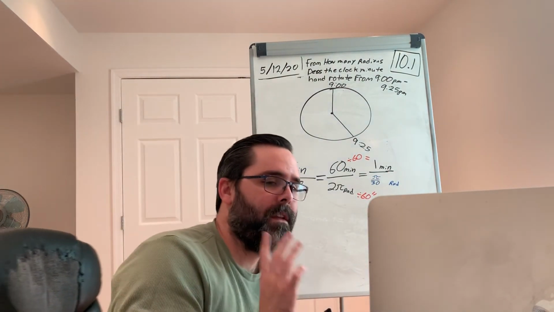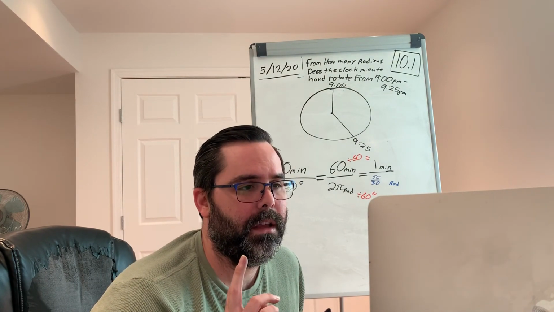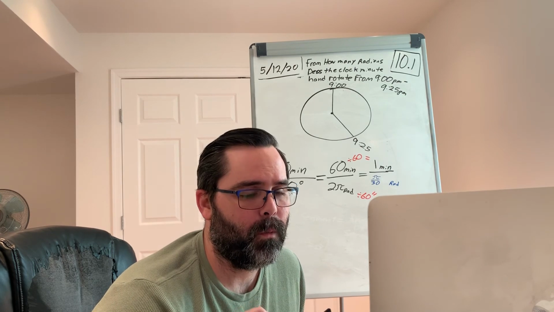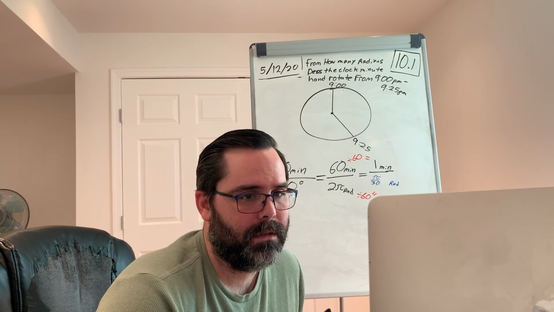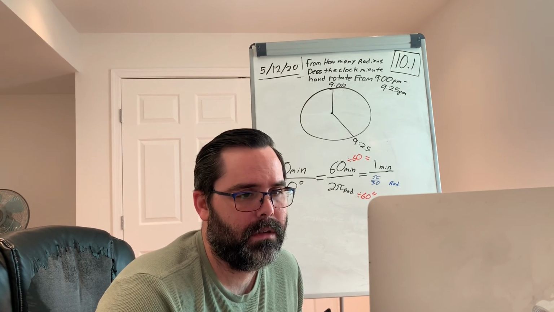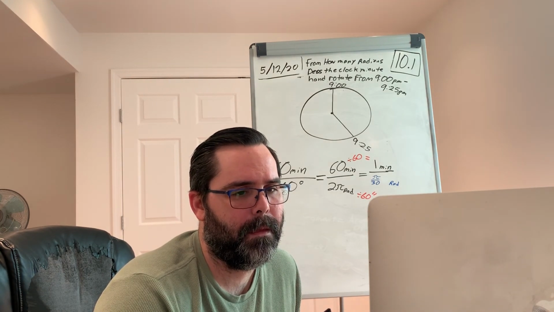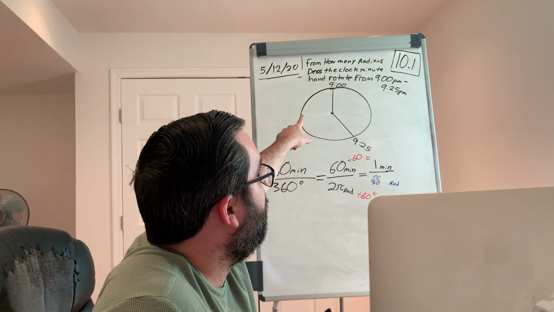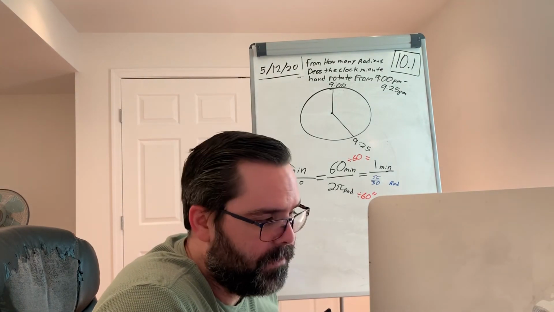Okay, so here it is. We know every minute is pi over 30 radians. How many minutes passed on the clock? We went from 9 to 9:25. How many minutes went by? 25 minutes.